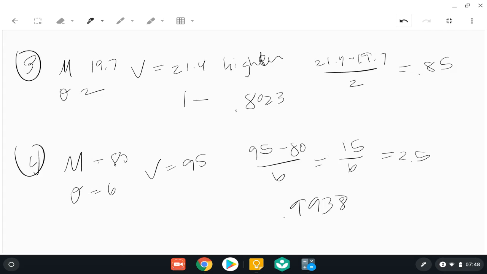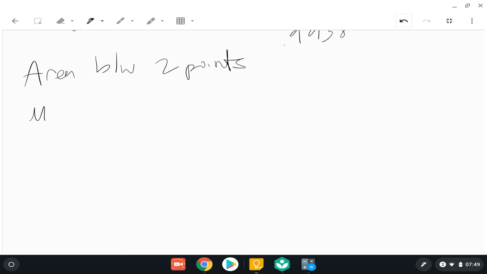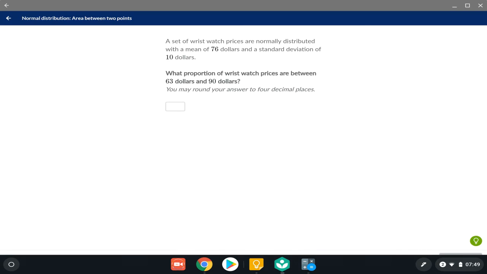Alright, let me make a new area for this. Area between 2 points. Okay, here we go. Mean 76 and standard deviation 10.